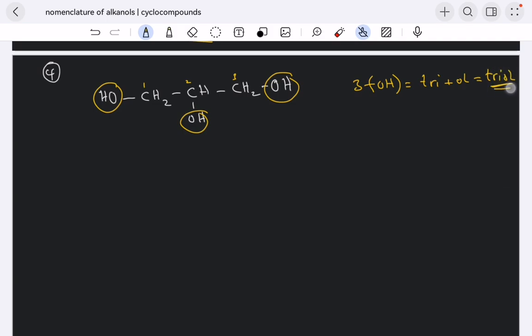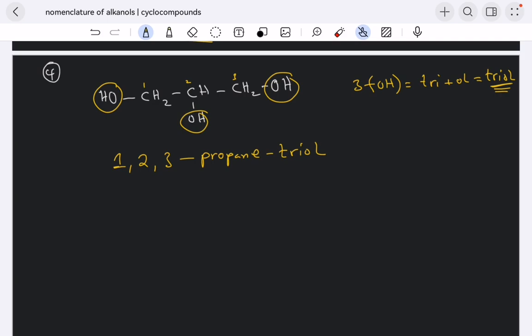If there were 4, it could have been tetra. So triol, what is the name of this compound? We'll say 1, 2, 3. Then how many carbons is the longest chain? 3. So 3 means propane. So we say propane, then triol. So that will be the name of that particular compound.